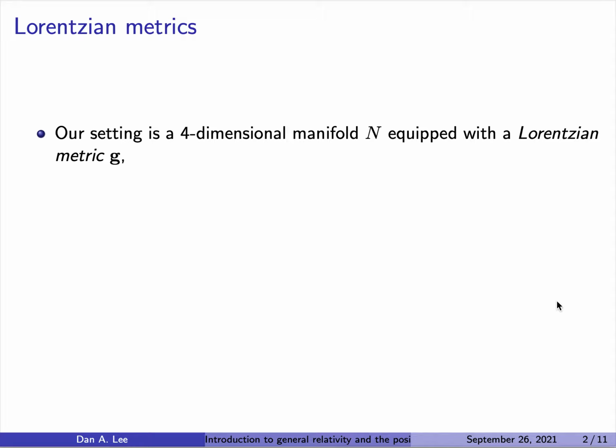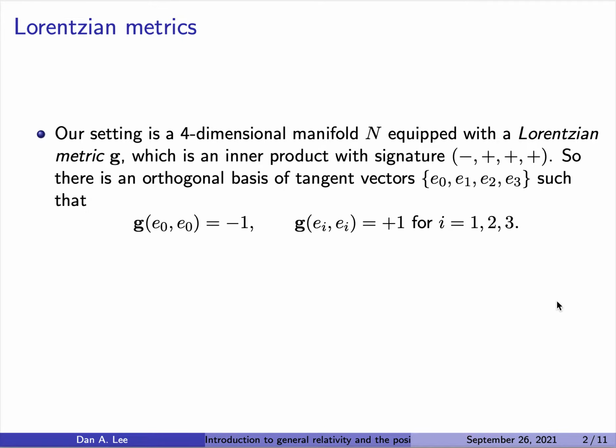So on our 4-dimensional manifold, we are going to have a Lorentzian metric. So what is a Lorentzian metric? It's similar to a Riemannian metric in that it's an inner product at each point, but the difference is the signature of that product is minus plus plus plus instead of being positive definite, as would be the case in Riemannian geometry.